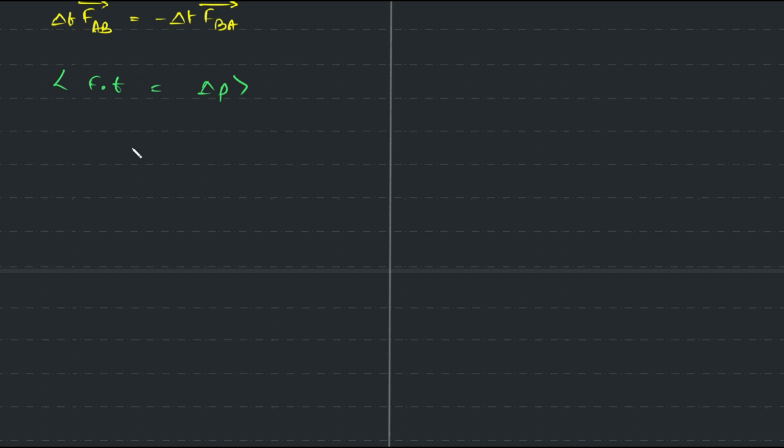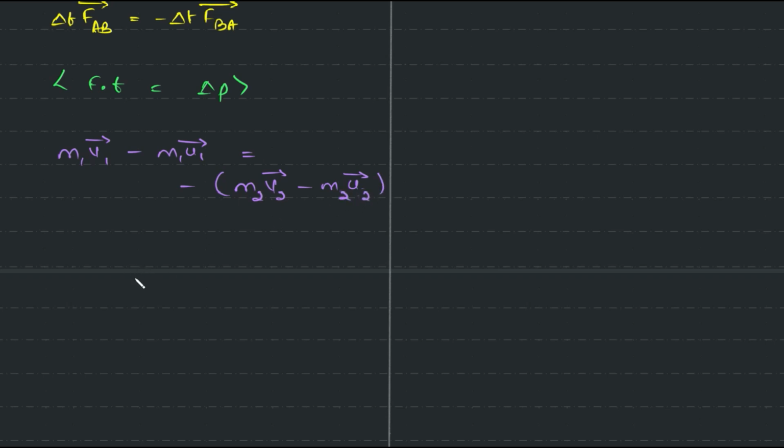So basically you have m1, the final momentum minus the initial momentum should be equal to minus of the final momentum minus the initial momentum.